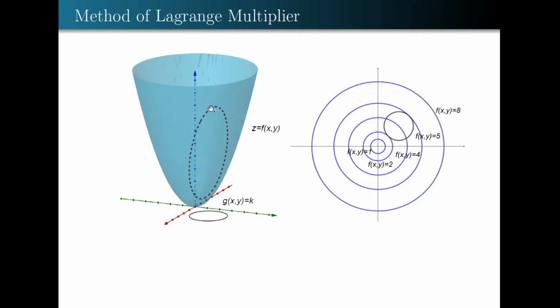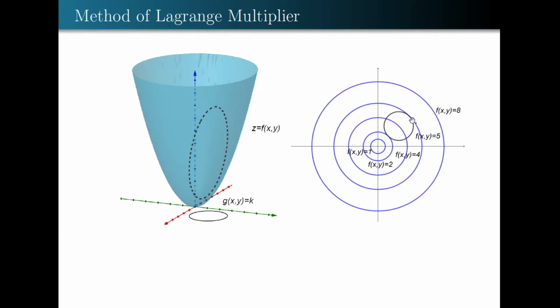Finding the highest value of z over this constraint means finding the highest level curve that barely touches this black curve. Translating that on the two-dimensional plane, that means finding the highest z such that the level curve barely touches the constraint function.